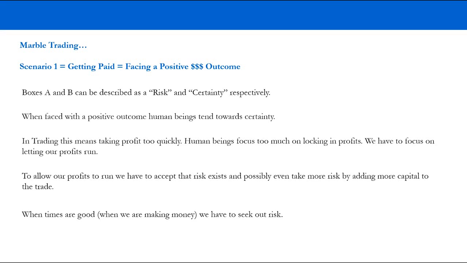So in scenario one, have a look at your paper, have a look at what you wrote down. In scenario one, the outcome was you were getting paid. So we can classify this as you facing a positive outcome numerically.